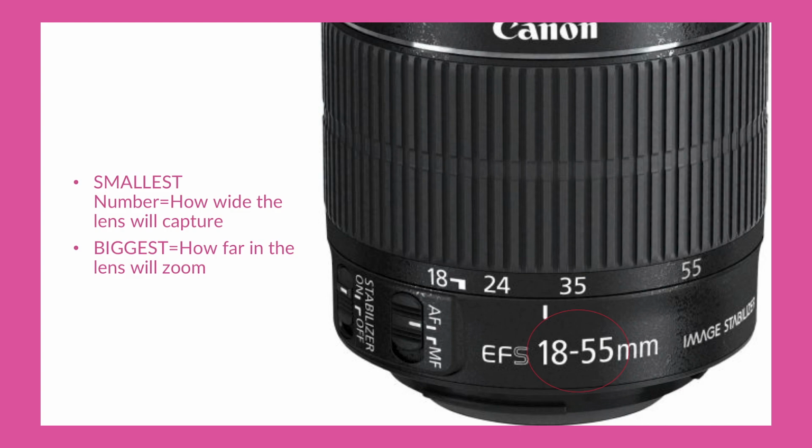So what those different numbers mean and why they're important is the smaller number on your lens is how wide it shoots. So whatever you're photographing, the widest amount that you're going to be able to get in the scene is that smaller number, and then when you zoom in, that second number is how far it's going to zoom in. So the bigger the number, so the 200 here will zoom in the furthest out of all the lenses on my desk here.